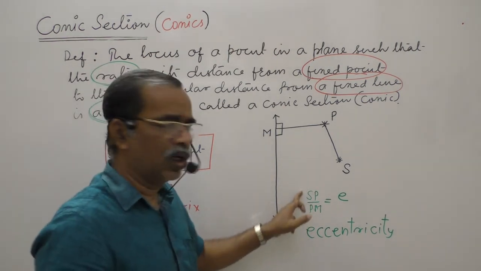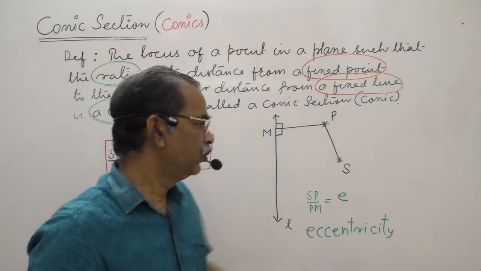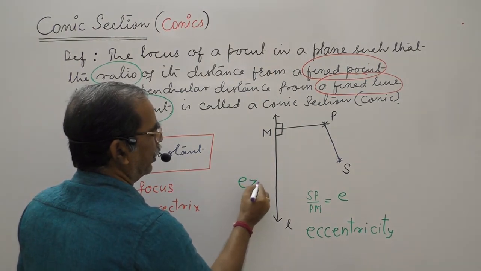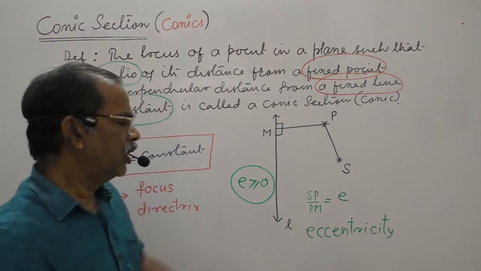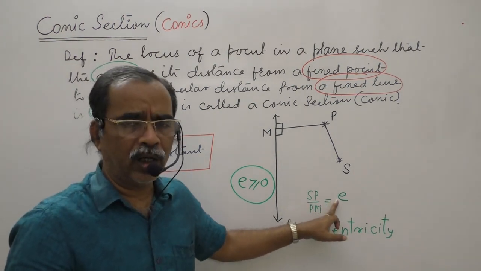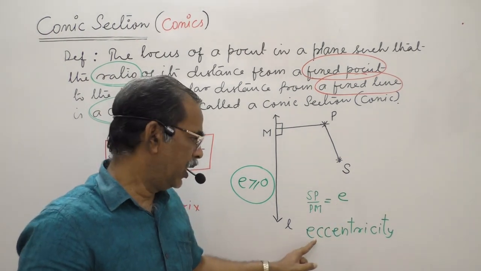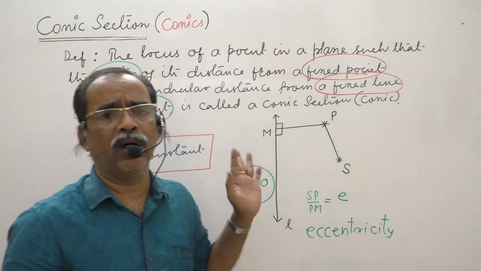The constant ratio is a non-negative number, so e is always greater than or equal to 0. It is denoted by e and is called the eccentricity of the conic.